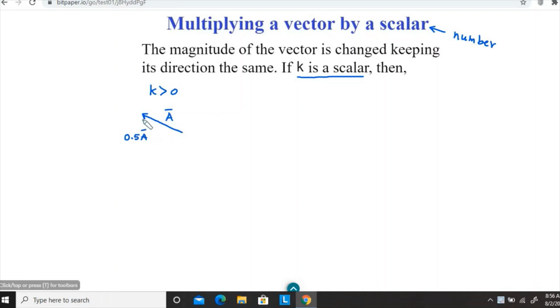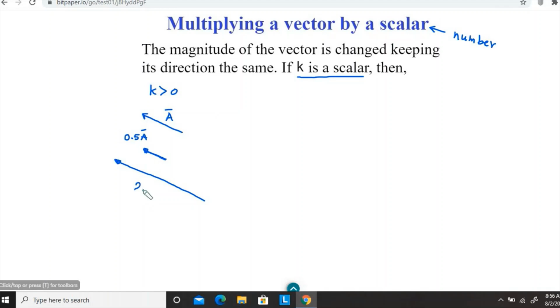Then you can see the vector becomes half. That means its size is halved, but it's in the same direction. So the direction does not change when we multiply by a positive scalar value. If we multiply it by 2, then the vector doubles, like this.